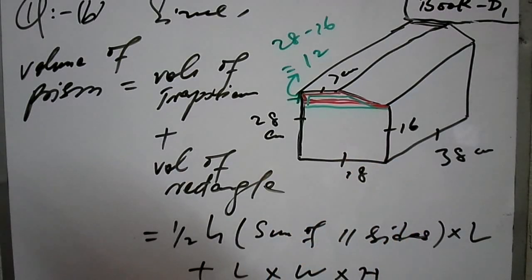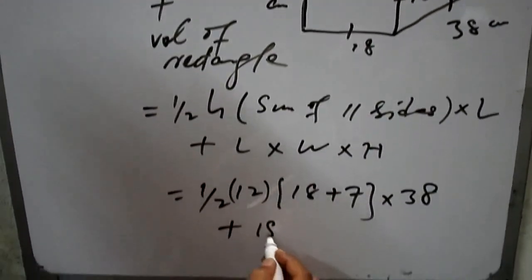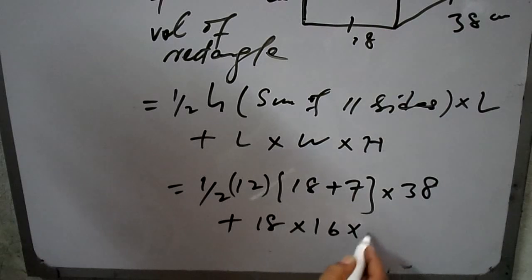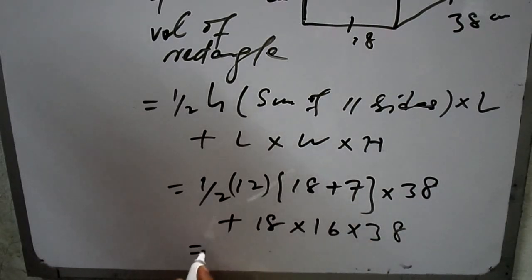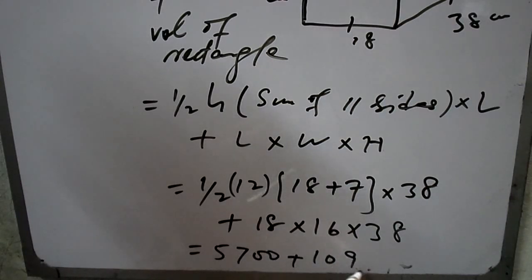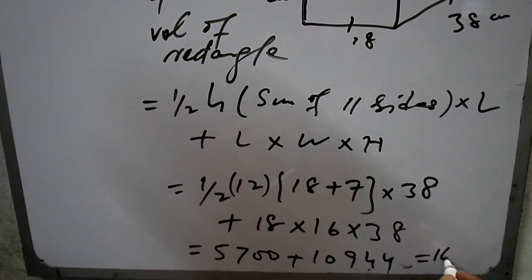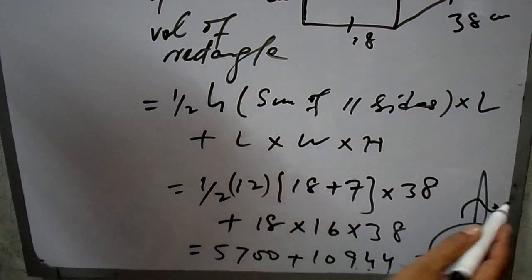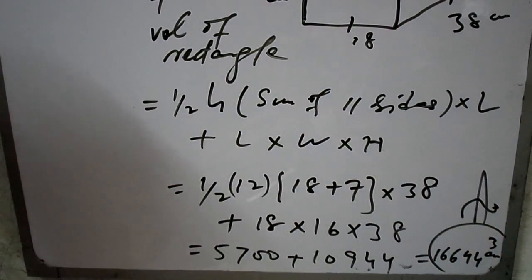After simplification you will get this one plus 1000, that is 10944. After adding you will get 16644 centimeter cube. So that is your result, that is your volume.